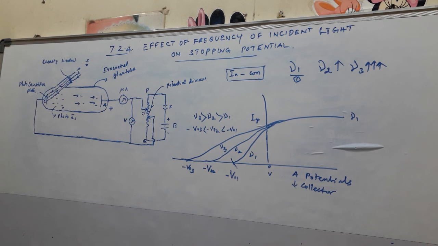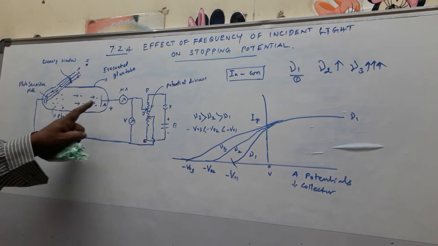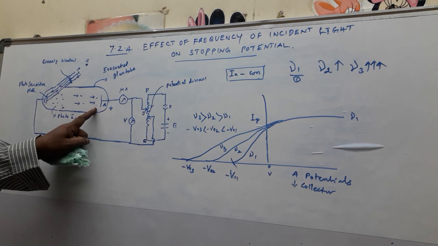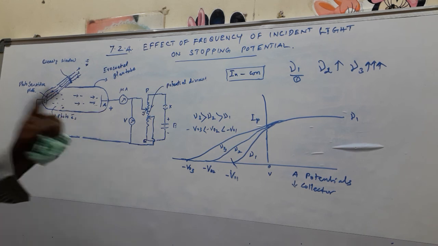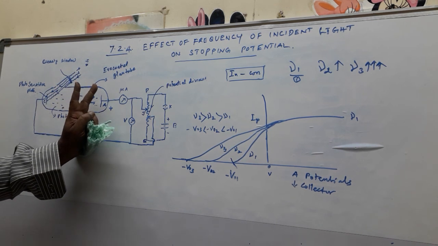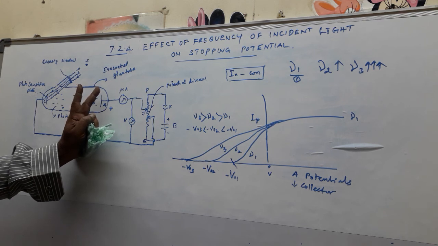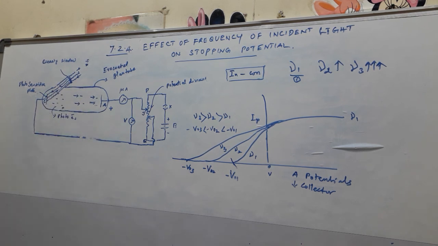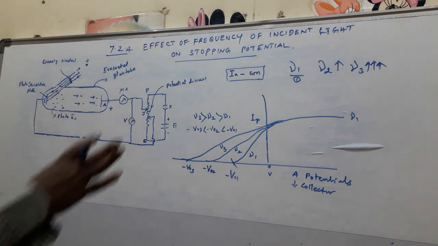This implies that as the frequency is increased, the photoelectrons are emitted with greater kinetic energy, so the retarding potential needed to stop the photoelectrons is also greater. That's a very important concept. This is the conclusion of this experiment.